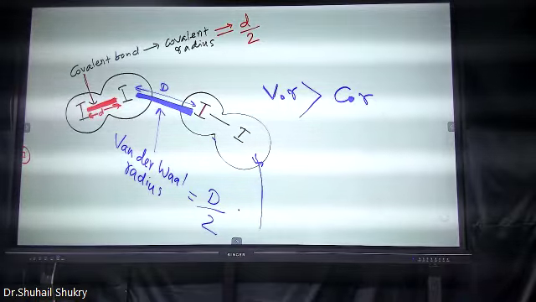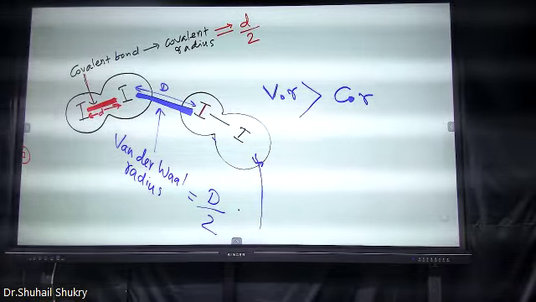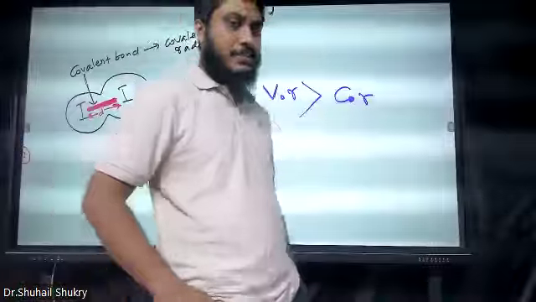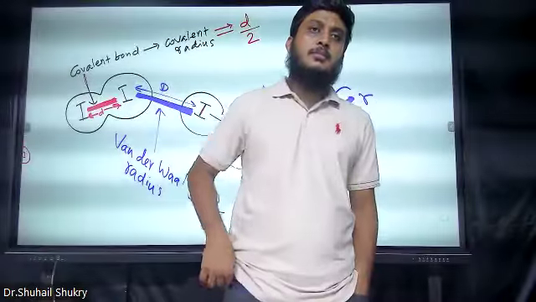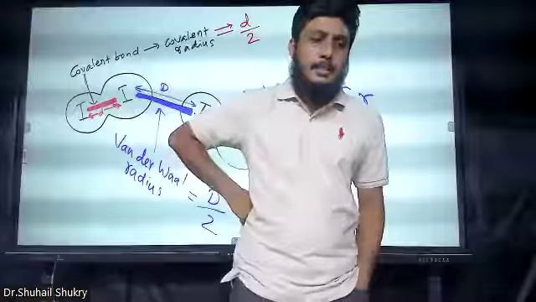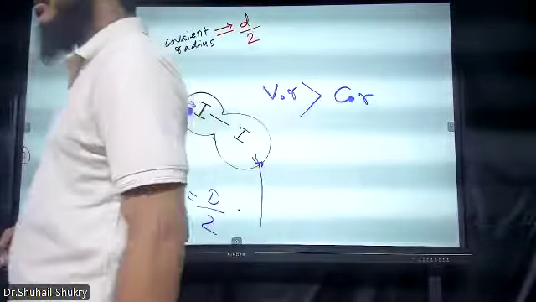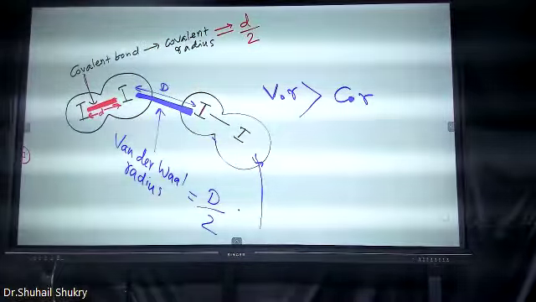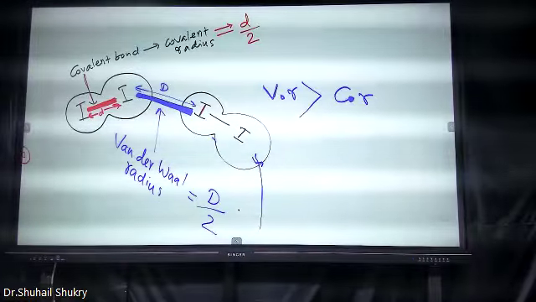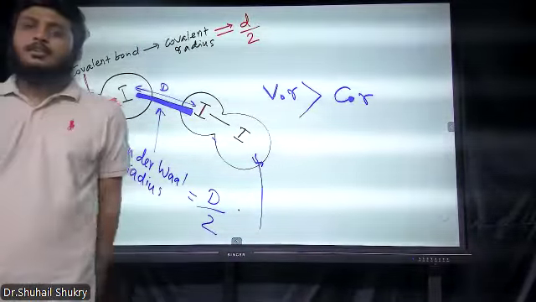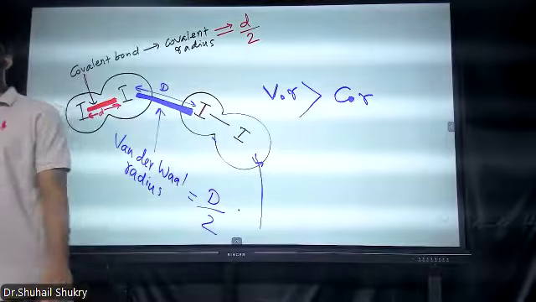The distance between the bonded atoms is known as the covalent distance.